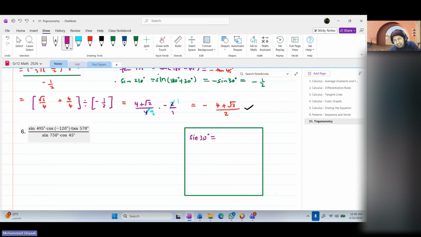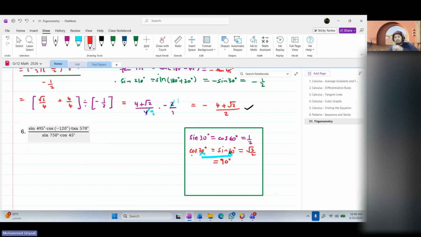We know the sine 30 is cos 60 because both the values are exactly the same. It is half. We also know that cos 30 is equal to sine 60. And we know that both of them are root 3 over 2. So in general, what we can say is that as long as those two angles add up to 90 degrees, right?